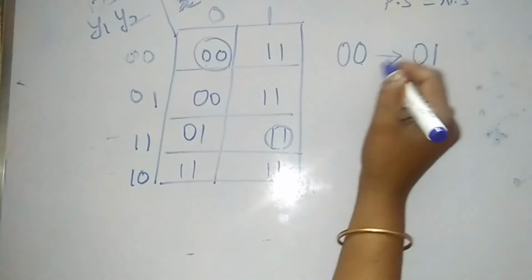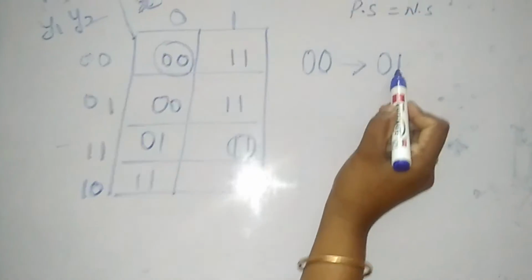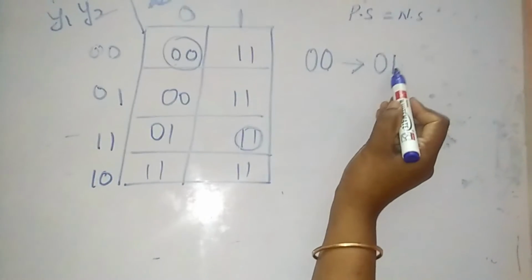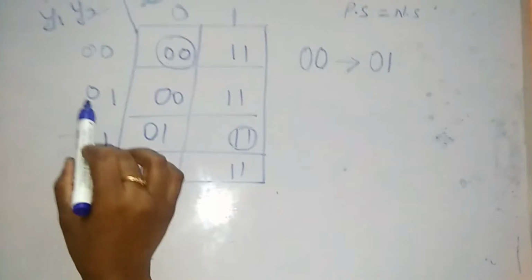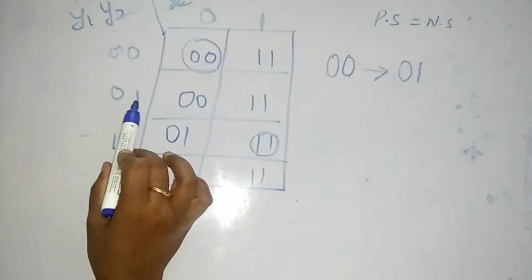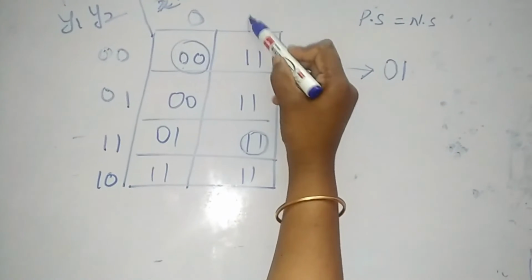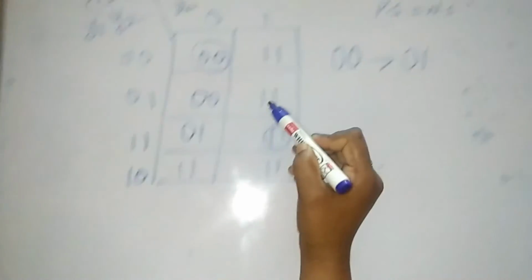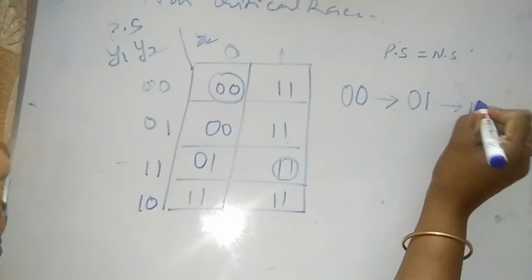From 0, 0 to 0, 1 it changed. If there is a delay occurring in the system, this 0, 1 can become my next input, right? When 0, 1 becomes the next input, I get a 1, 1.